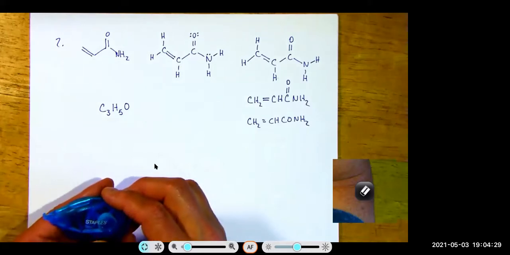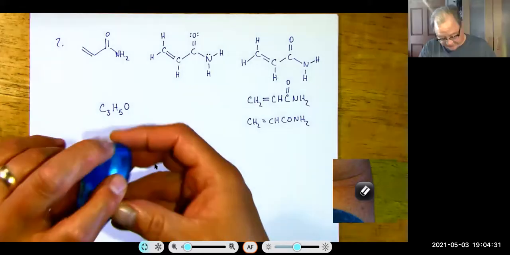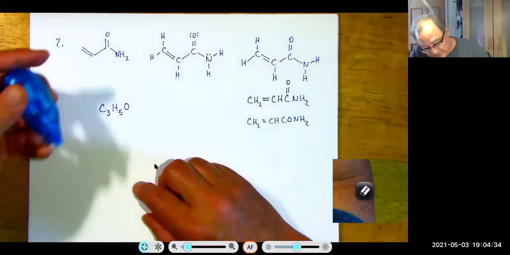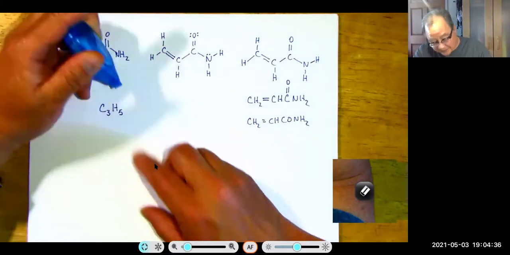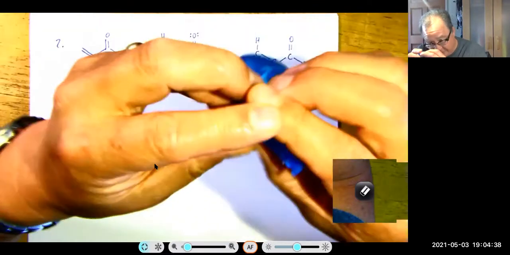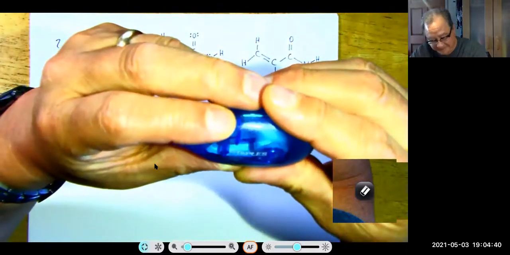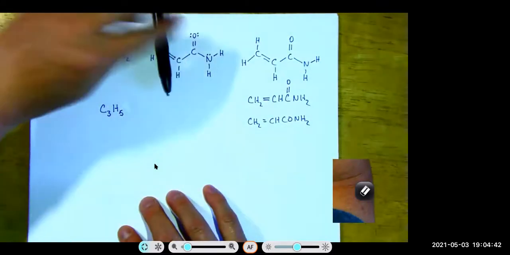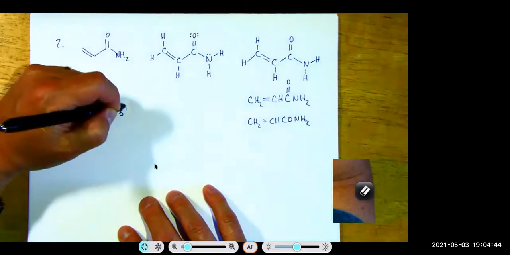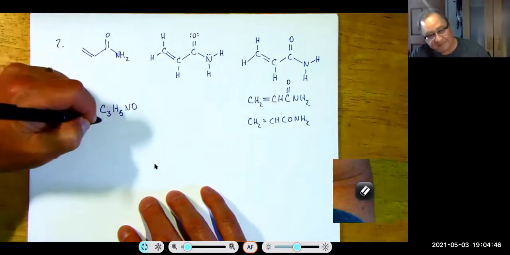Oh, we put them in alphabetical order? Yes. I guess whiteout is a brand. This says corrective tape. And so here's the molecular.